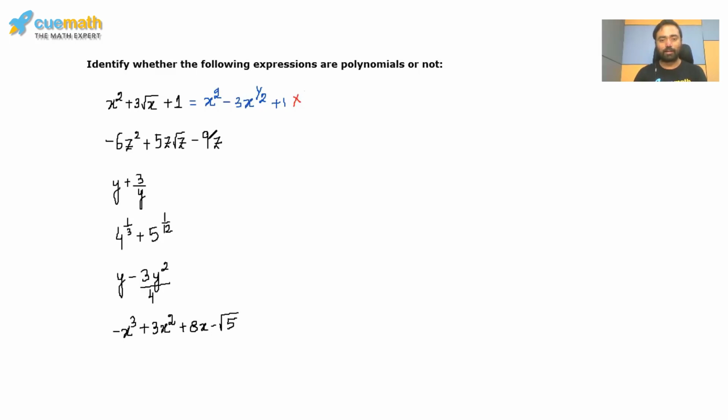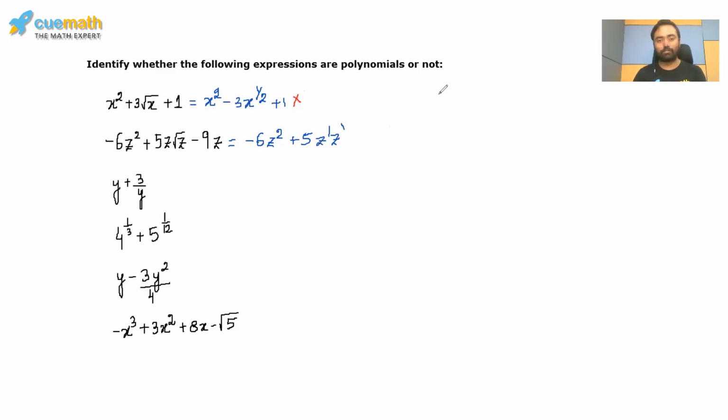Let's move on to the next expression, and this can be written as -6 z square plus 5. Now the first z has a power 1, and the second z, that is square root of z, can be written as z raised to the power half. Now these two can be combined using the law of exponents, where the bases are the same, we'll add the powers.